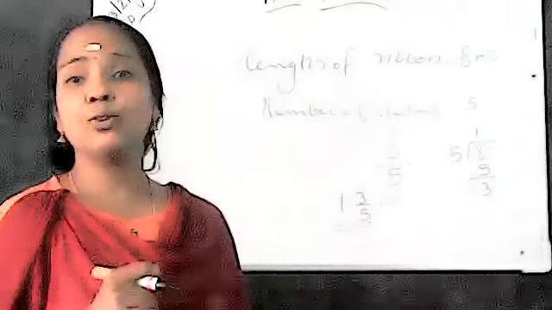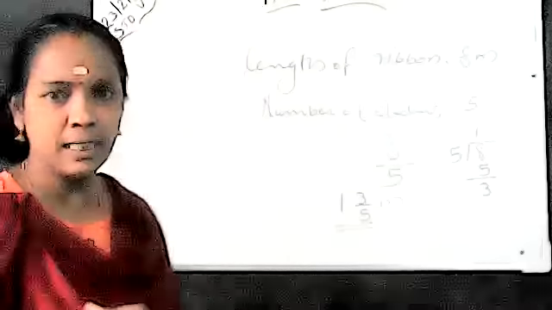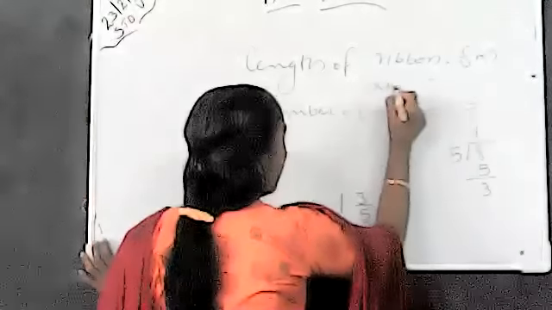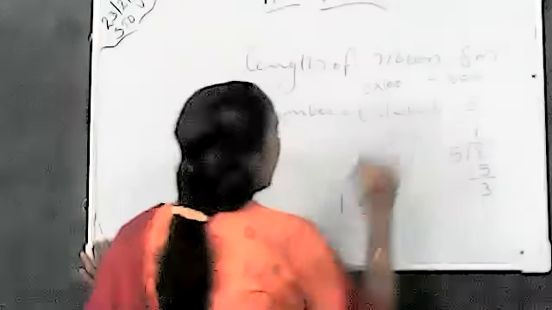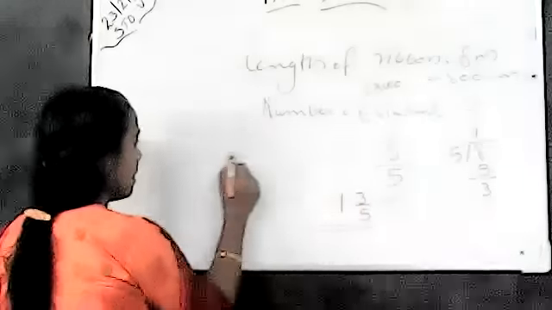How can we write it in centimeter and meter? 8 meter is equal to how many centimeter? 8 into 100 is equal to 800 centimeter. 800 centimeter divided by 5.